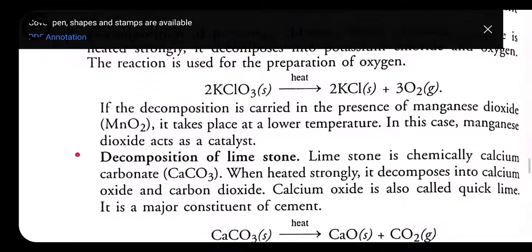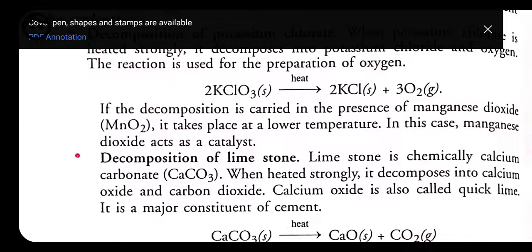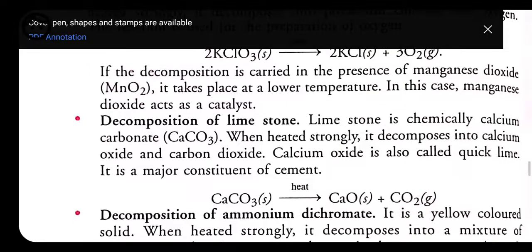Okay. Now decomposition of limestone, that is calcium carbonate. Another name of calcium carbonate is limestone, that is the common name. Chemically it is called calcium carbonate. So here calcium carbonate also decomposes or splits into two because of the heat energy, and it will give rise to calcium oxide.